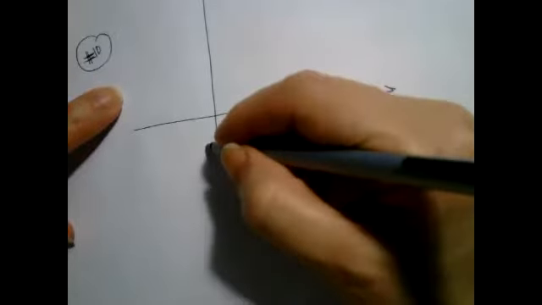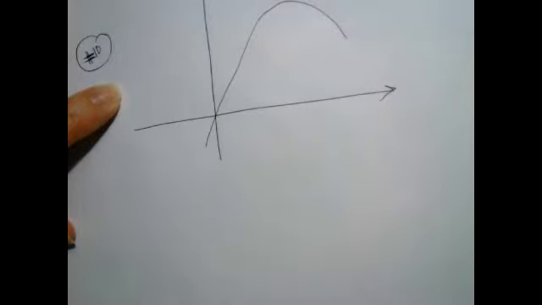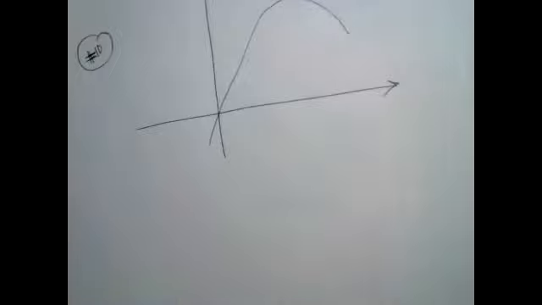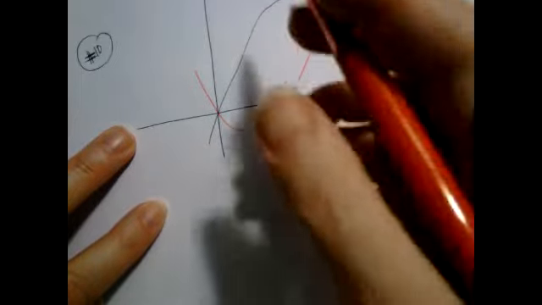One is going up like this and something like that. And there is another one. I drew it in red. So I will draw it in red. Okay, so we have those two functions.